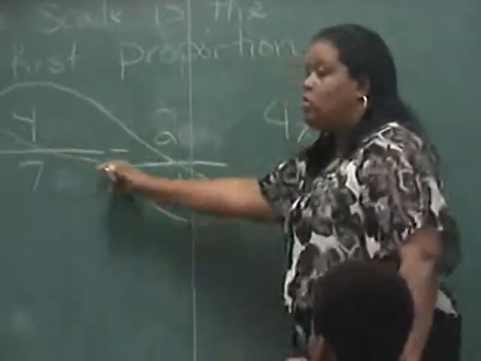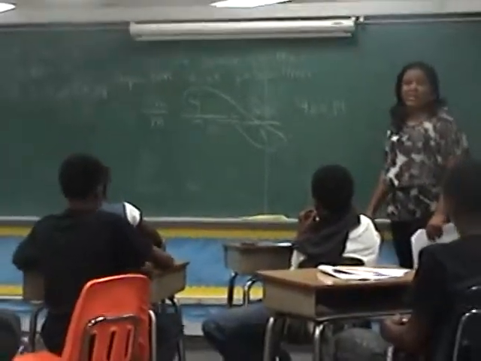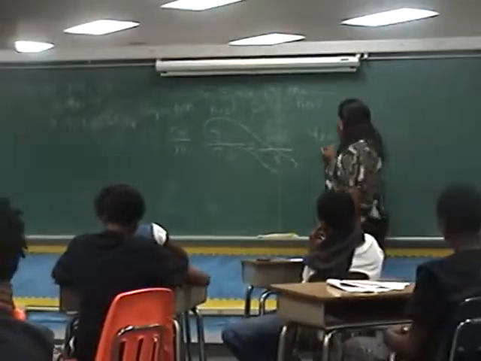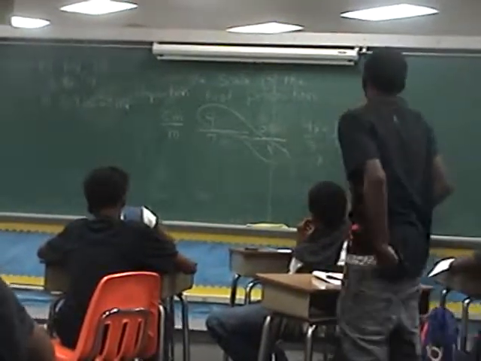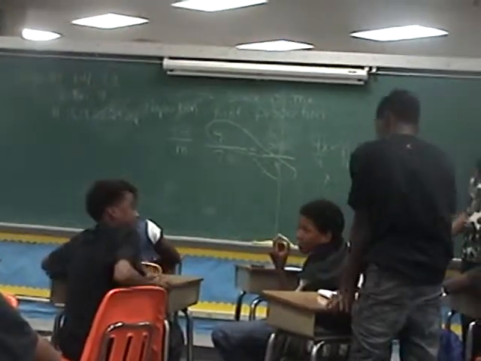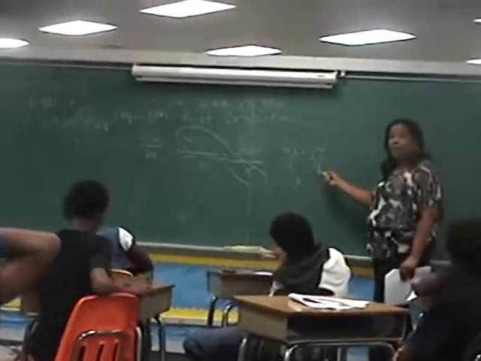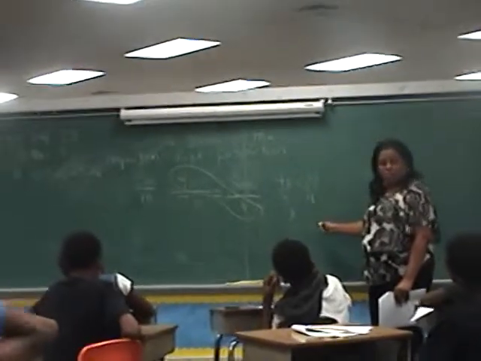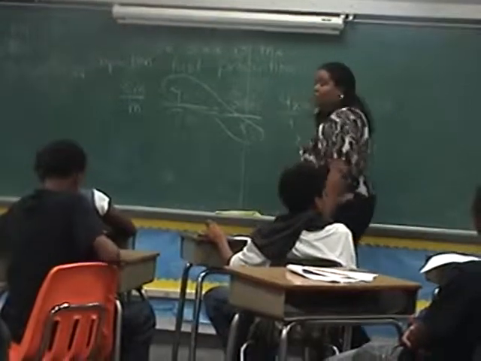So this becomes 4 what? 4x equals 14. Good. Now what's the next step? Good. 14 divided by 4 is what? 3.5.